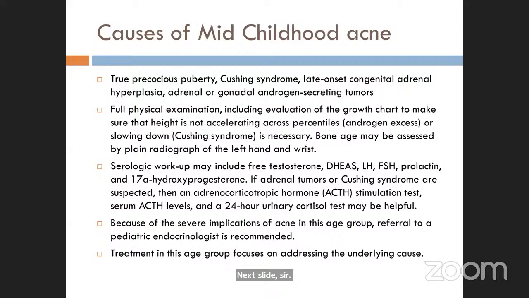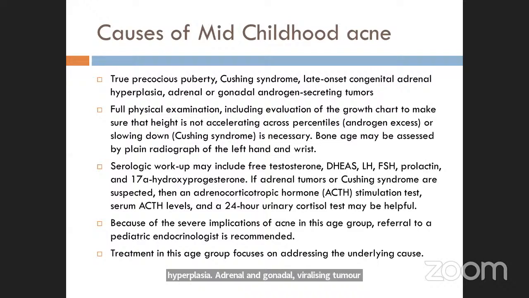So when you see acne between 1 to 7 years of age, you know that you have to investigate for an underlying cause, which could be true precocious puberty, Cushing syndrome, late onset congenital adrenal hyperplasia, adrenal and gonadal virilizing tumors.